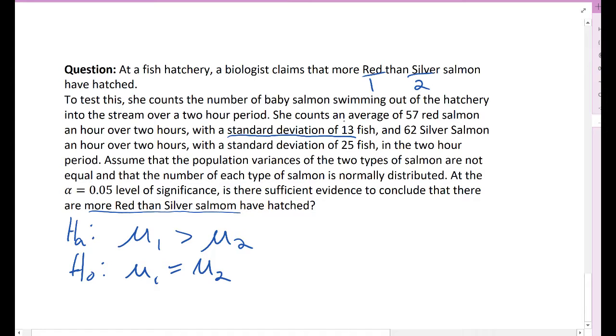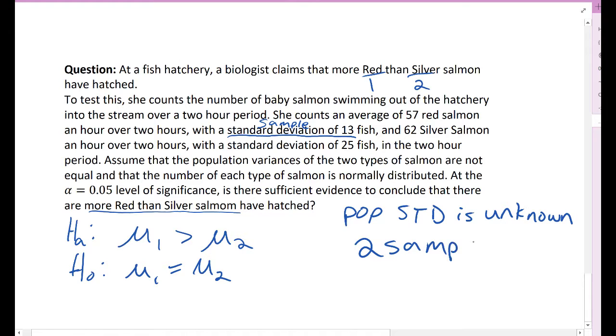That standard deviation is actually a sample standard deviation, because the standard deviation of 13 fish came from when she took her sample of the 57 red salmon over a period of 2 hours. So we do not know the population standard deviation. Because the population standard deviation is unknown, we have to use a 2 sample t-test.